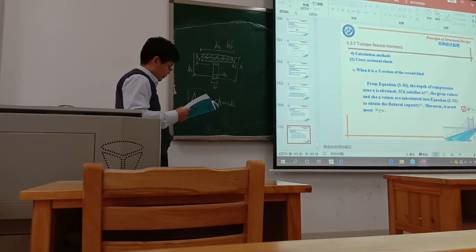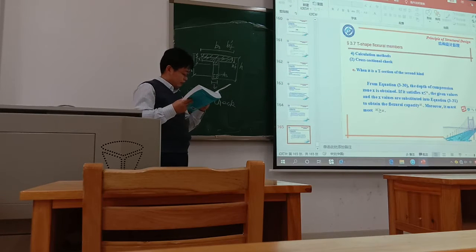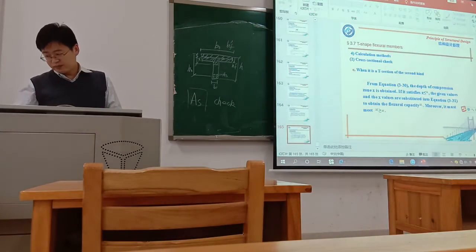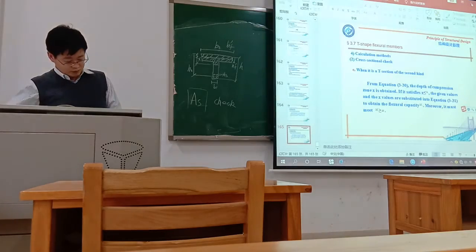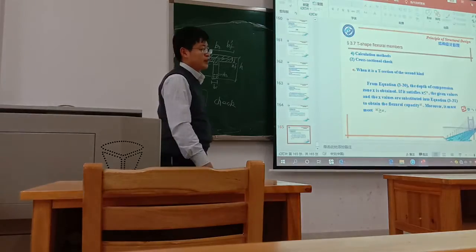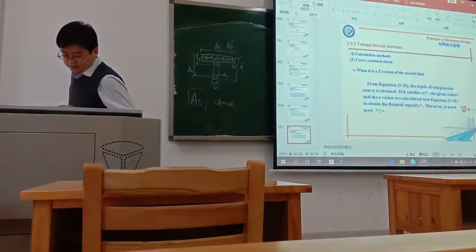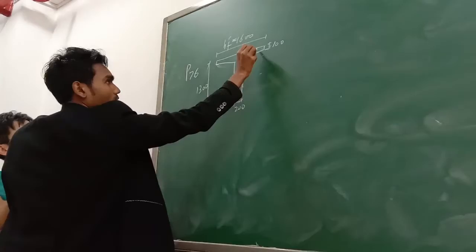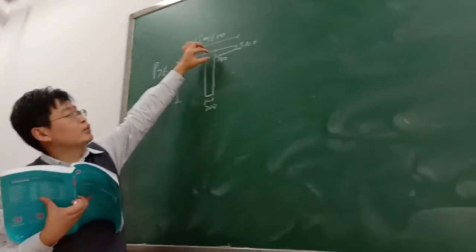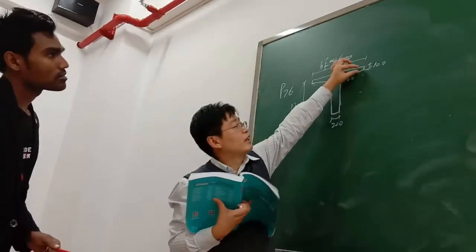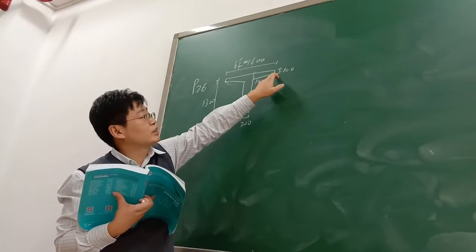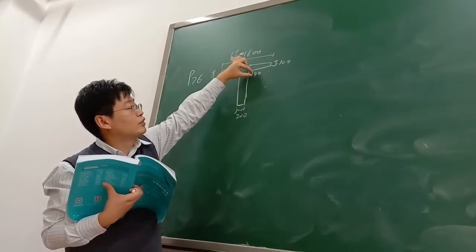In our book, we have an example on page 76. We have a little break, and this class we see this sample. The real shape is like this: this thickness is 100, and this thickness is 140.